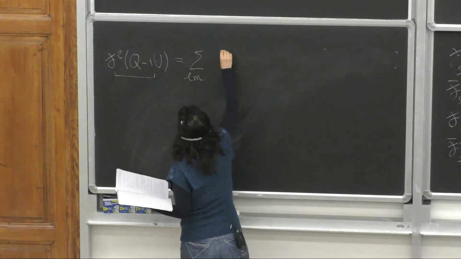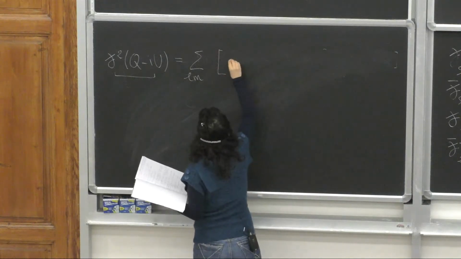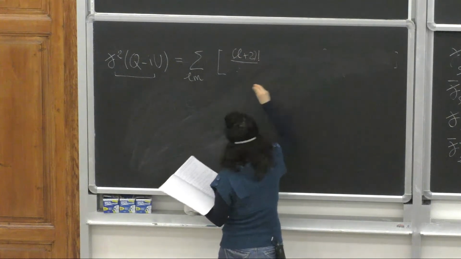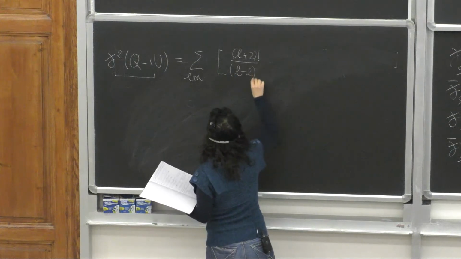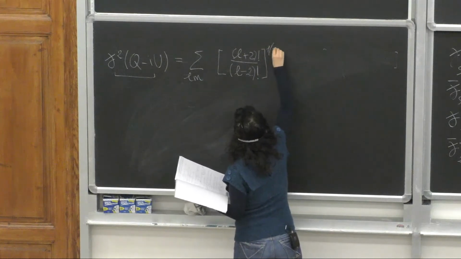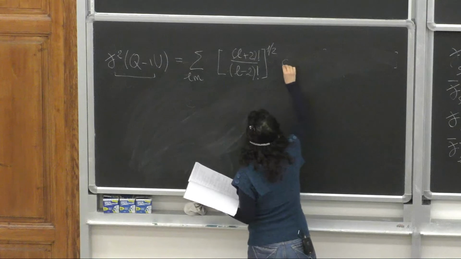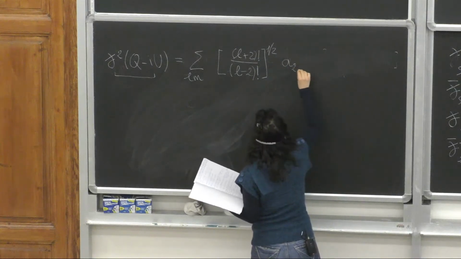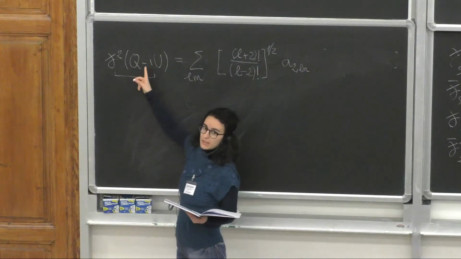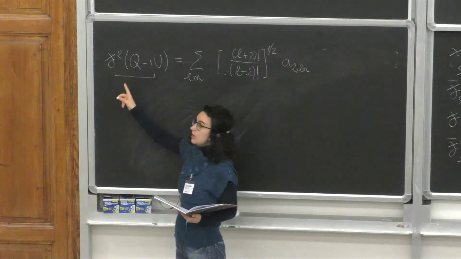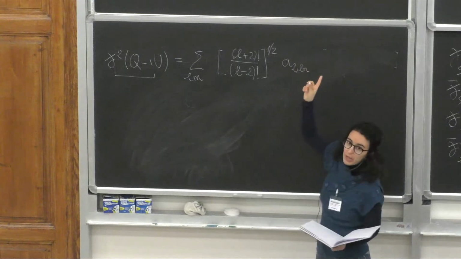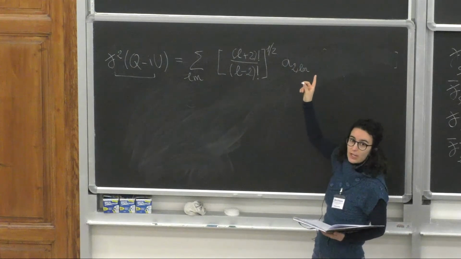in spherical harmonics with just the caveat that here we have this bizarre prefactor. These are factorials. A2 is just an expansion coefficient. So when we apply the spin raising to Q minus iU, this is not going to be applied to the expansion coefficient, but is going to be applied to the spin 2 spherical harmonic.